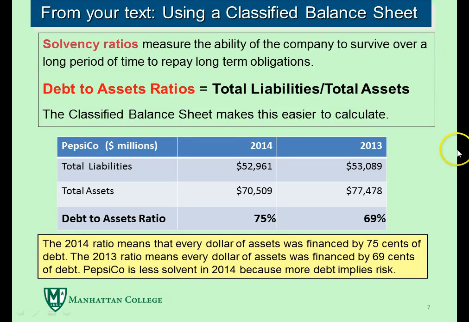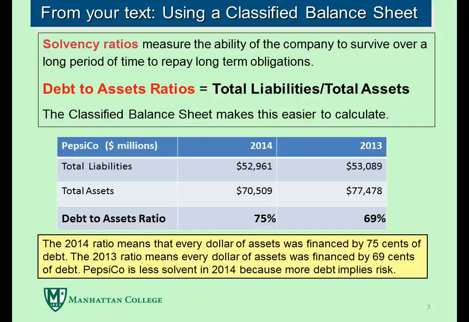In 2013, it relied on other people's money to finance its assets, meaning every dollar of assets was financed 69% with debt. Some of this debt might not bear interest like accounts payable or wages payable, but they're using other people's money. It's not necessarily a bad thing to have debt, but it does make it more risky that you will not be able to meet your obligations.